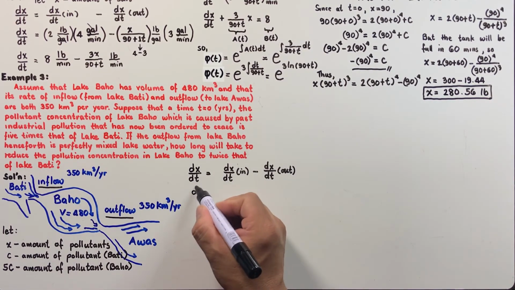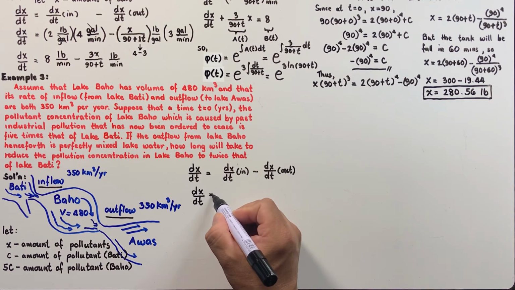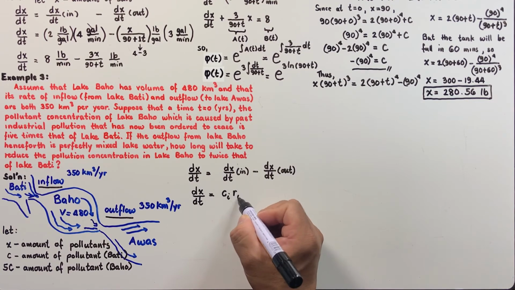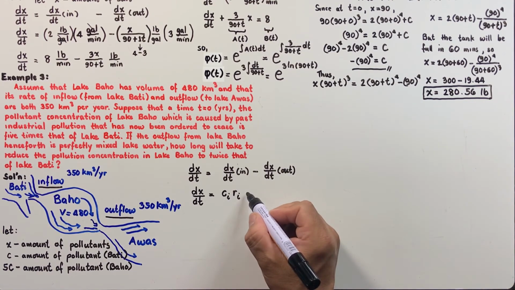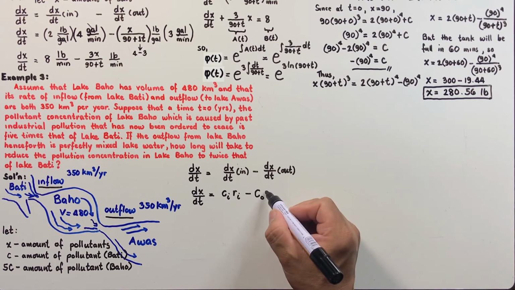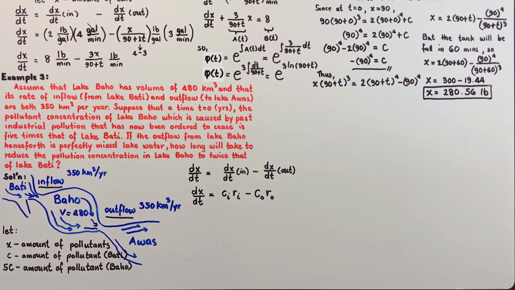So this is dx/dt, which is equal to the amount of pollutants coming in times the rate of flowing inside Lake Baho from Lake Bati, minus the resulting pollutants inside Lake Baho moving outside to Lake Awas times the rate of outflow of Lake Baho.